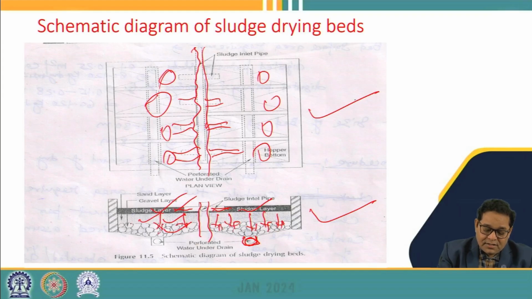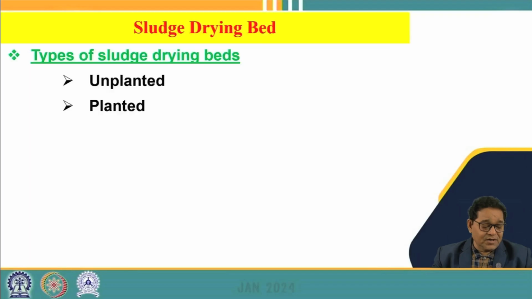That will be collected at the bottom here, and through this pipe it will go out of the sludge drying bed. So this is basically the complete diagram to understand the structure of the sludge drying bed.